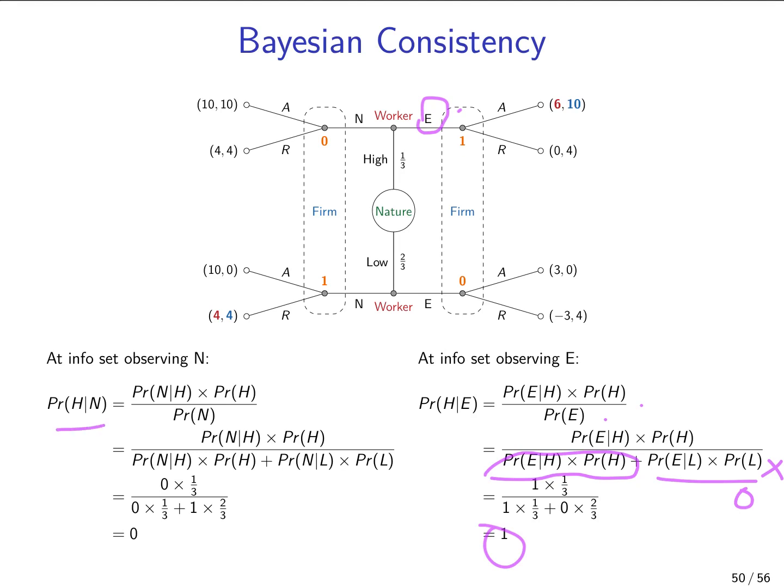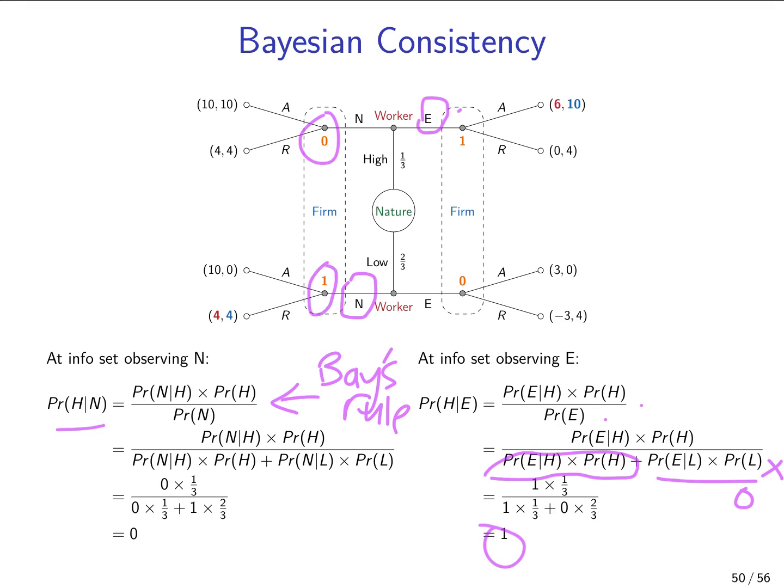Similarly, we can calculate the probability of a high type if we observe that the worker doesn't have education. Again, this is Bayes' rule, and we find this is 0. So 0 probability here, and since there are only 2 nodes, probability 1 here.